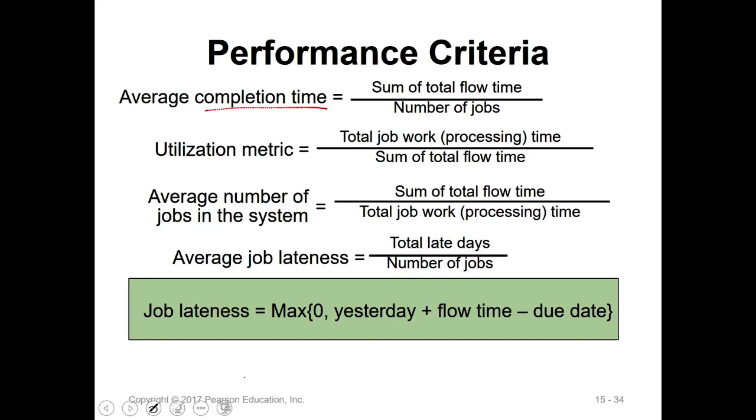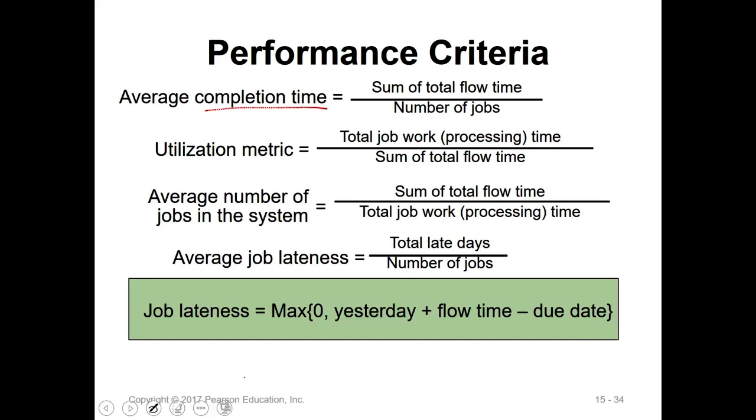Utilization is the real job processing time divided by the total flow time. And the average number of jobs in the system is the sum of the flow time divided by the total work processing time.